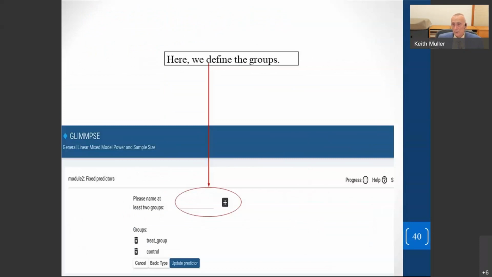The groups may be naturally occurring groups. They could be people that entered the stadium from the west gate versus those who enter from the east gate. They could be defined by pre-existing conditions. They could be defined by disease. So absolutely, randomization is not necessary to use this software. Randomization changes how you may interpret the results. It doesn't change the data analysis, the presence or absence of randomization.